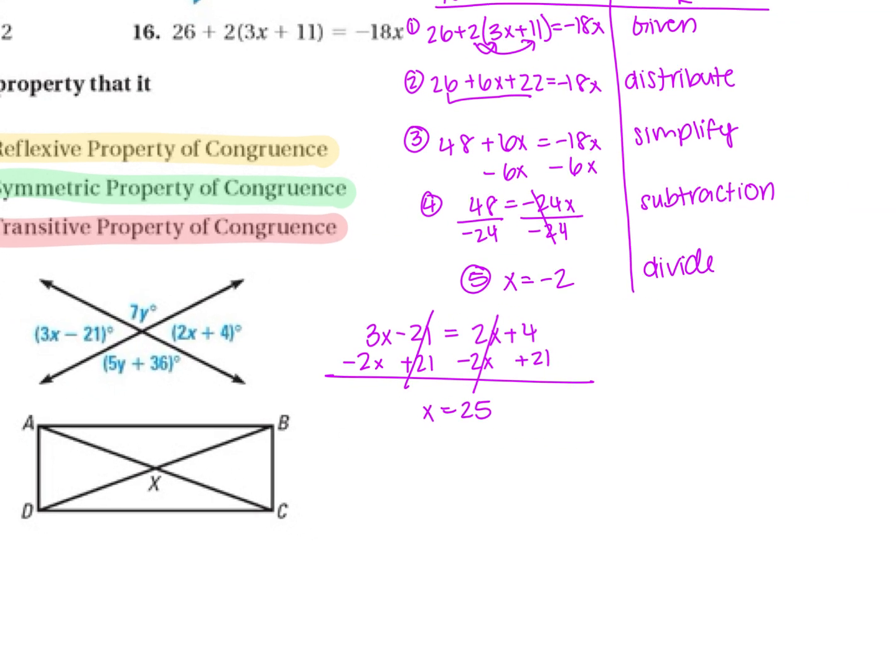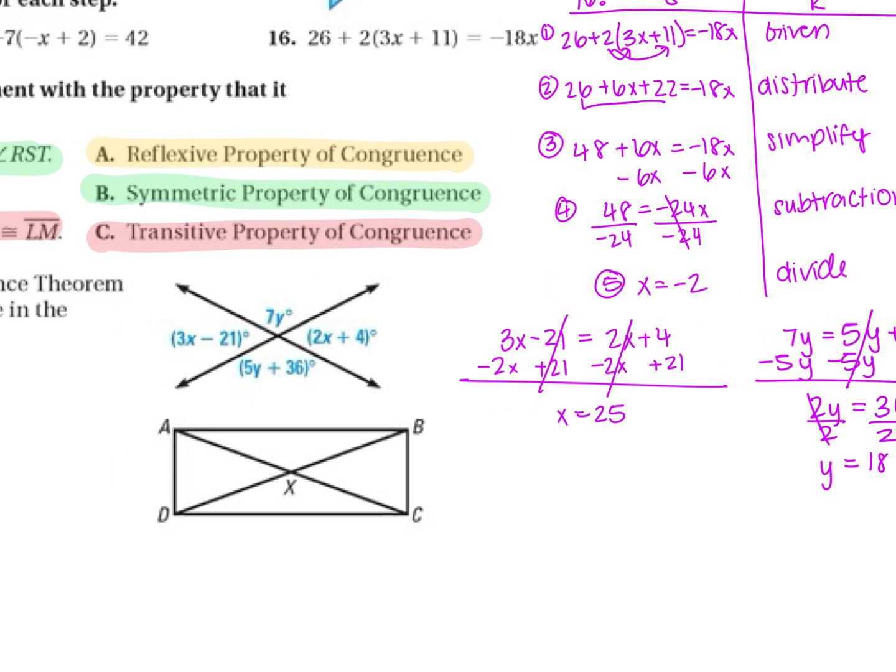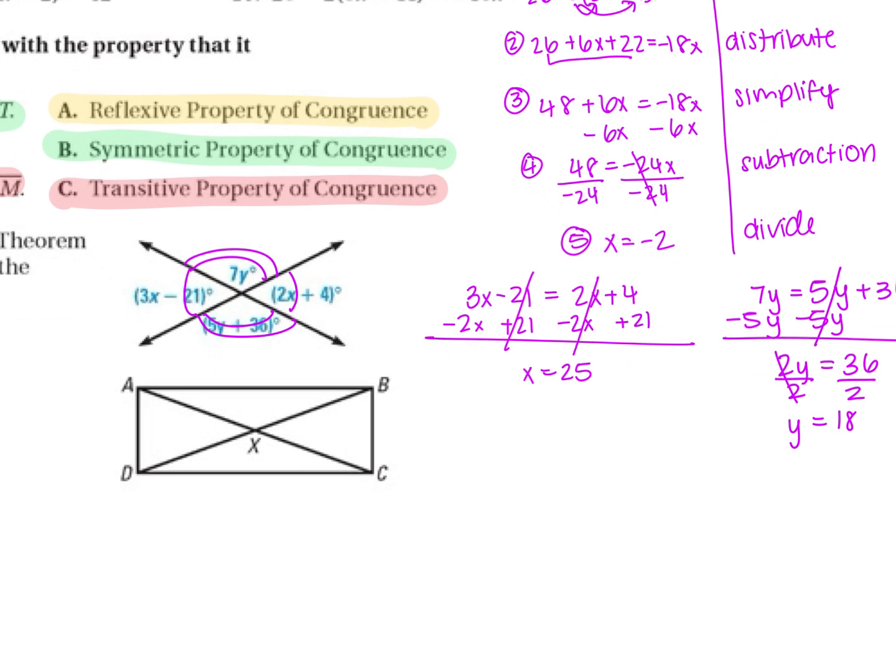Same thing for y. I have 7y equals 5y plus 36. Subtract 5y on both sides: 2y equals 36, divide by 2, y equals 18. Because these are both congruent, and this is also congruent to this side, I only need to plug into whichever x I want.